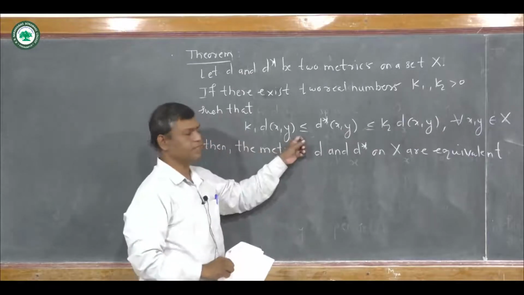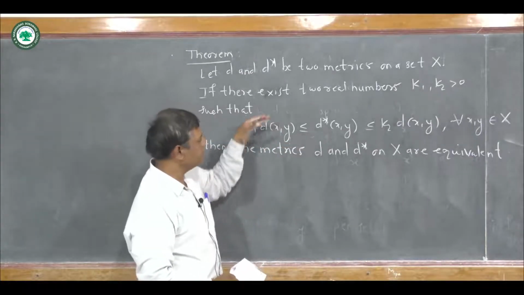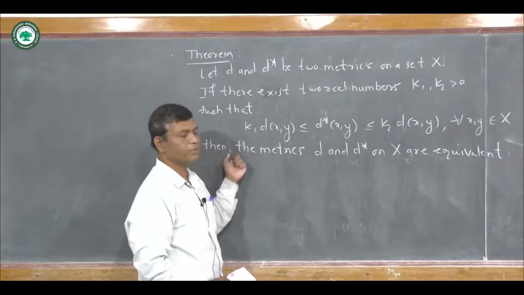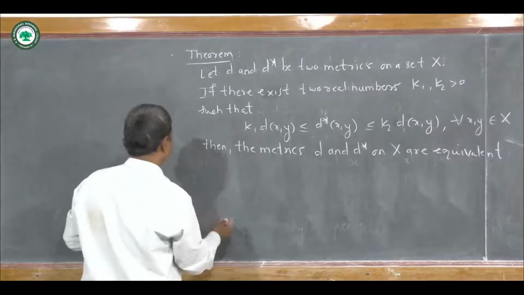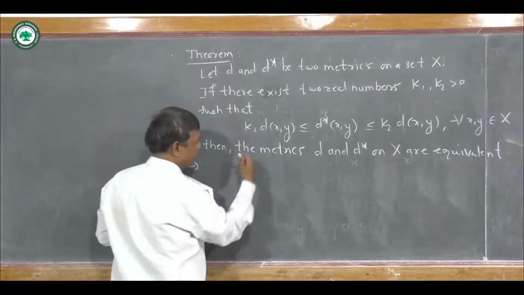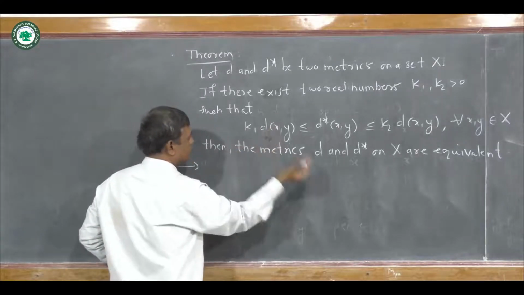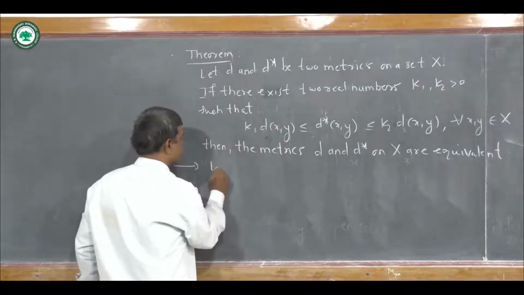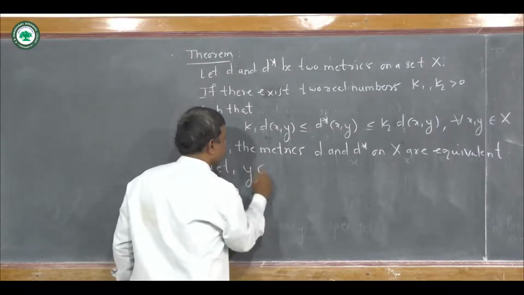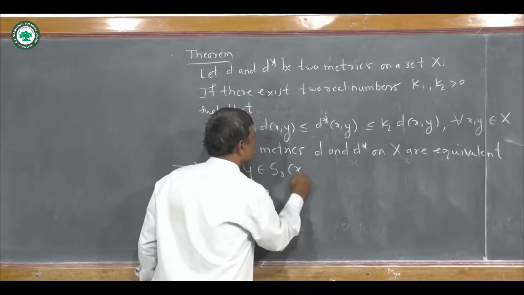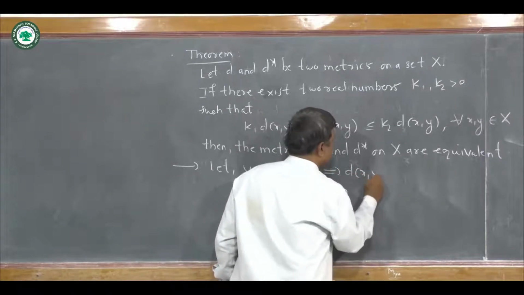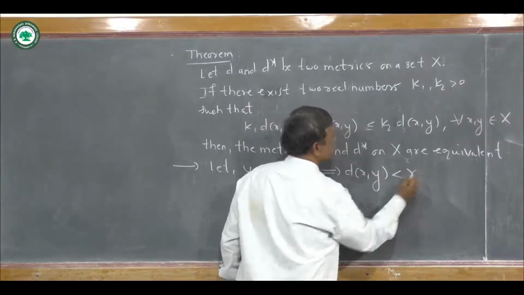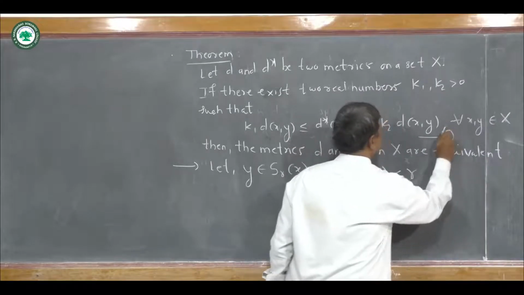Now using this inequality here, we can write the two statements of the previous corollary. That is, if you take a point Y belonging to the open sphere S R X, this implies that D of X, Y is less than R. Suppose this is 1.